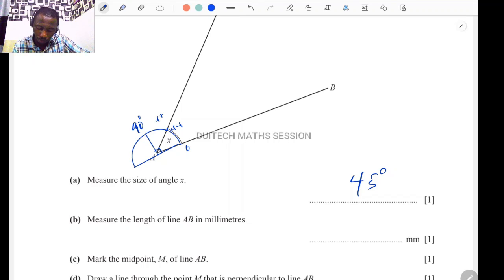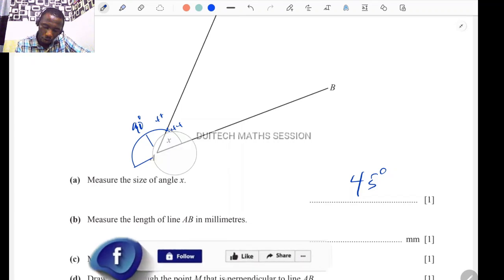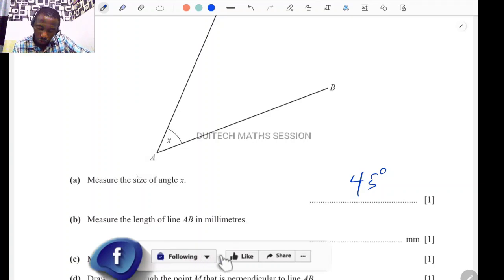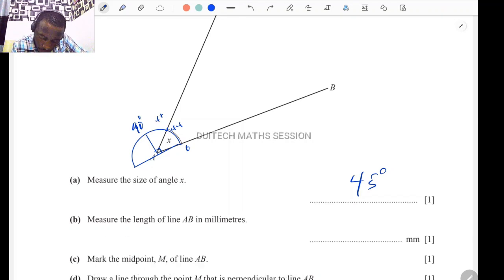The second one says we should measure the length of the line AB. We place your ruler, which is measured in centimeters, directly from here to this edge, so we're measuring the line AB.